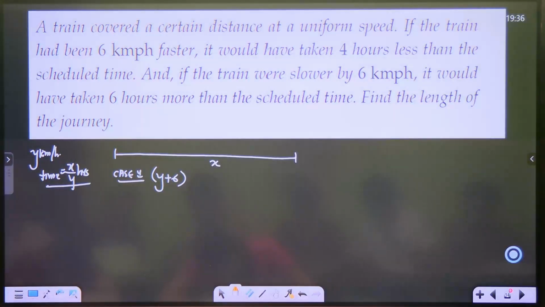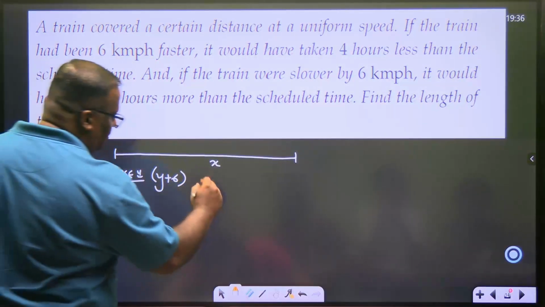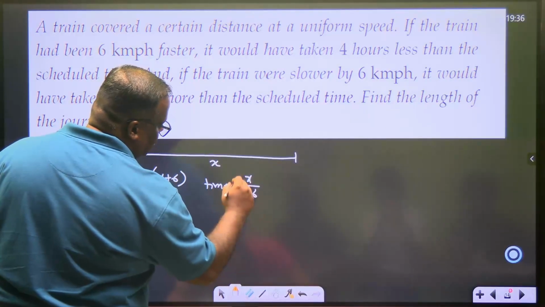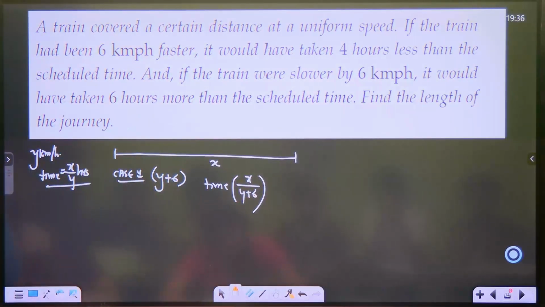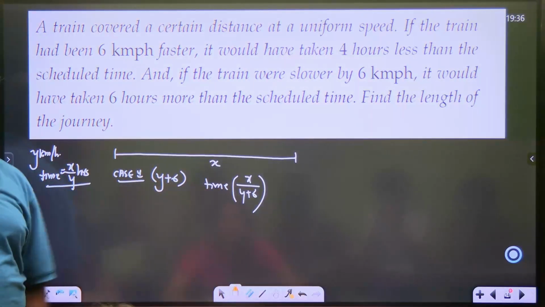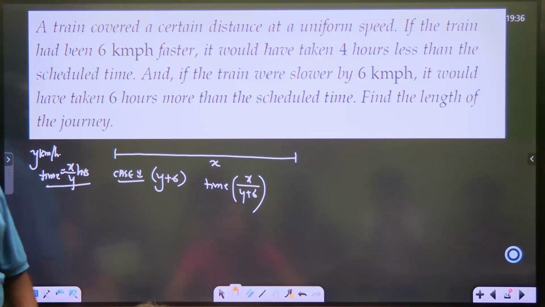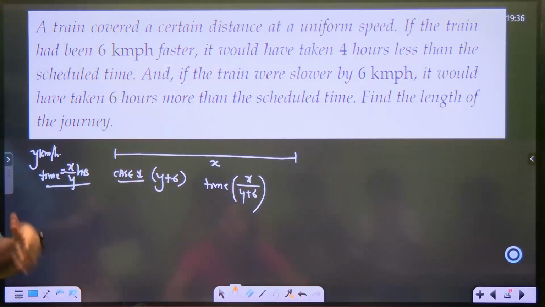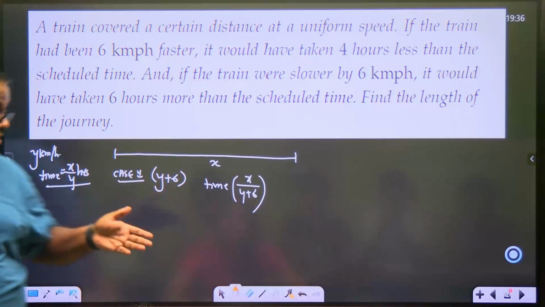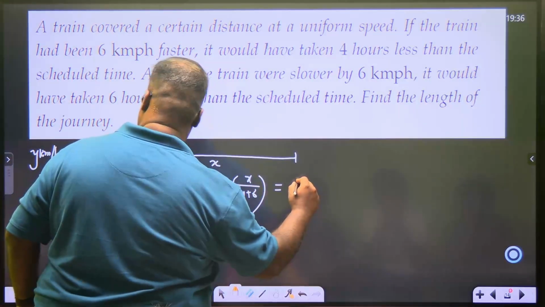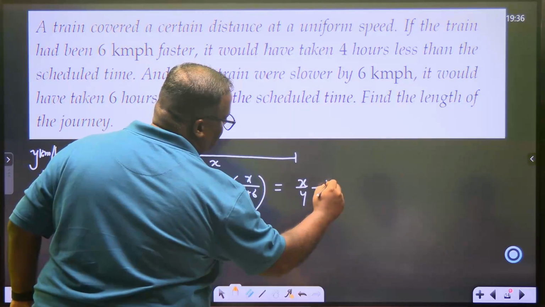Then the time should be x by y plus 6. Pay attention here. ये समझ में आया? But they say it would have taken 4 hours less. 4 hours less from what? The usual time. So this time is equal to the usual time minus 4 hours.